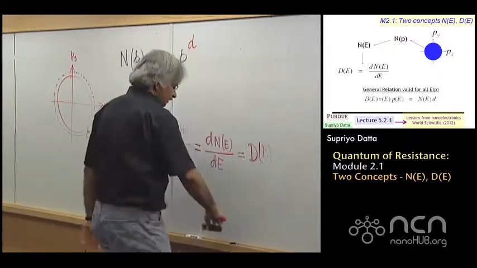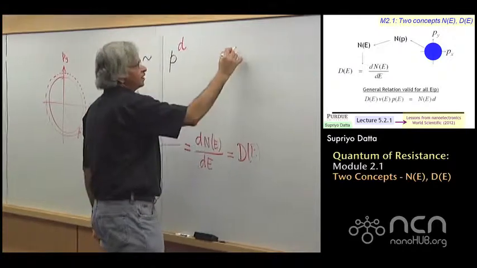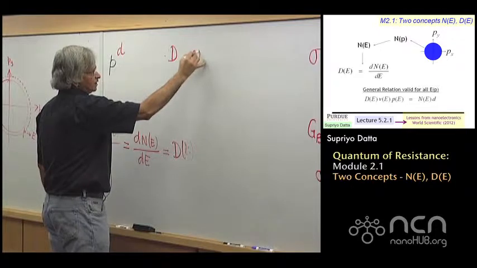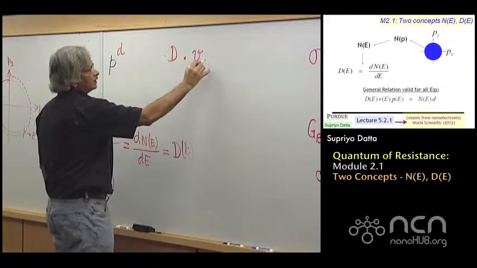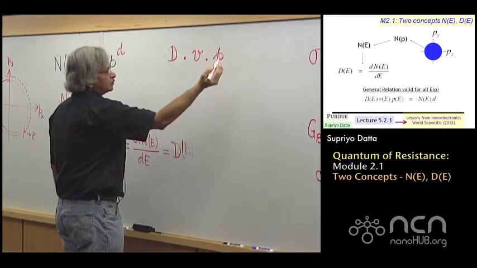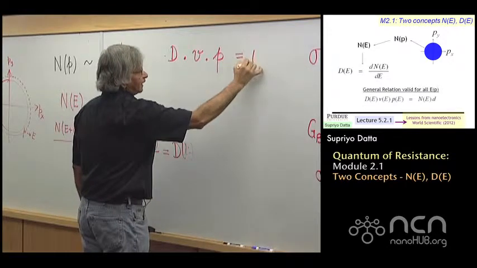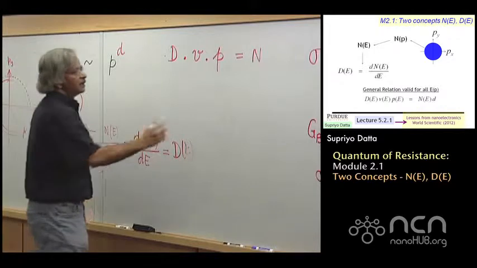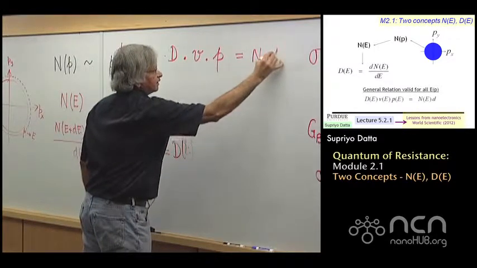The relation looks something like this: the density of states times the velocity at a given energy times the momentum should be equal to d times N. N is the number of states, and d is the number of dimensions.